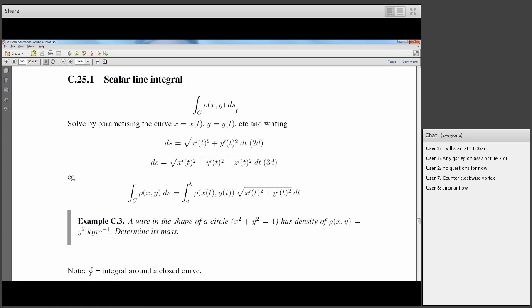Now that's the application, but how do you work them out? Well, the way to work it out really is just by substitution. So integration by substitution, really. And that is, if you've got a curve, you have to work out a parameterization for the curve in terms of one parameter. It's a straight line. It's a curve after all. So let's make x equals x(t), y equals y(t), and again, you need to use the context to work out what the parameterization is.